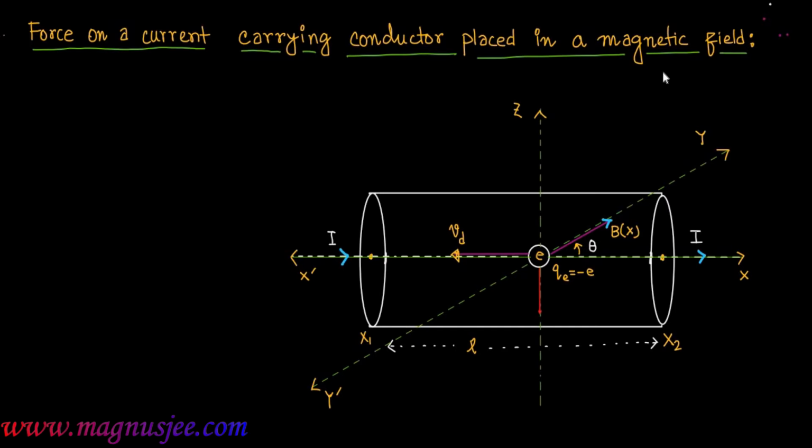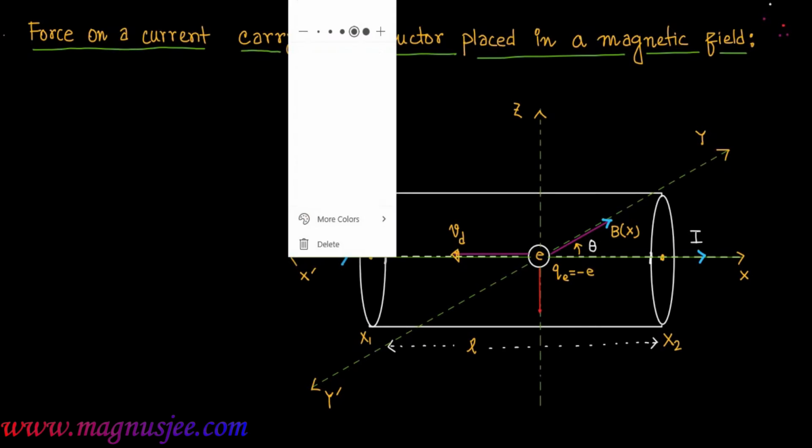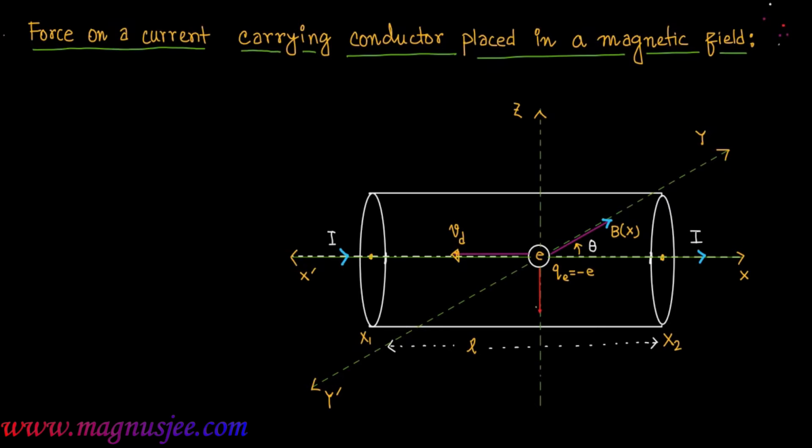As this electron is moving with a certain velocity in a magnetic field, in a direction perpendicular to magnetic field induction, this free electron will experience a magnetic Lorentz force Fe, and this force will act vertically downwards.